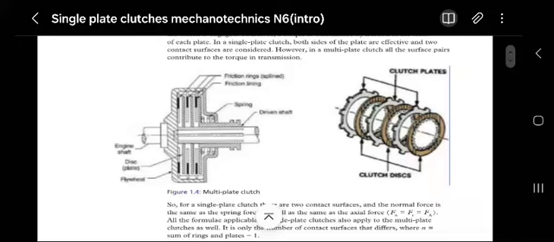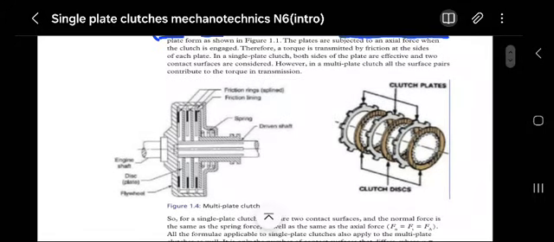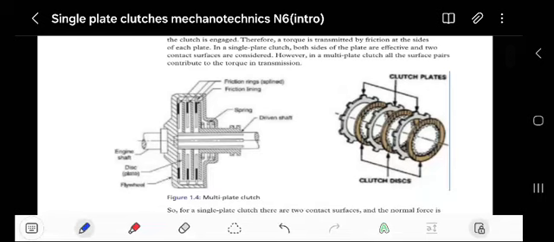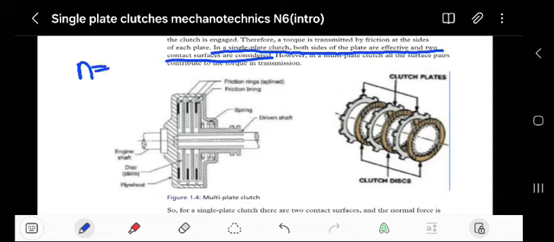There is an important note here: in a single clash, both sides of a plate are effective, and 2 contact surfaces are considered, which will be n.